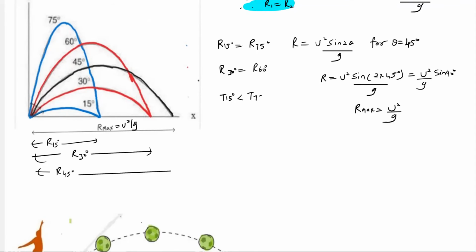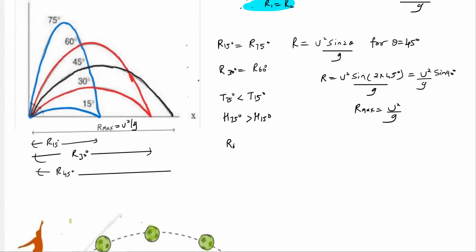R equal to u square sine 2 theta by g. For theta equal to 45 degrees, 2 into 45 is sine 90 degrees.